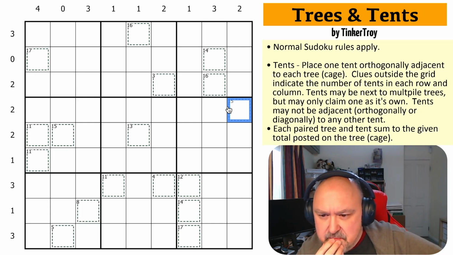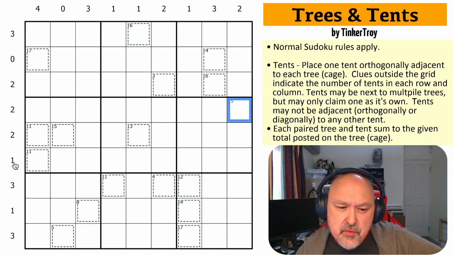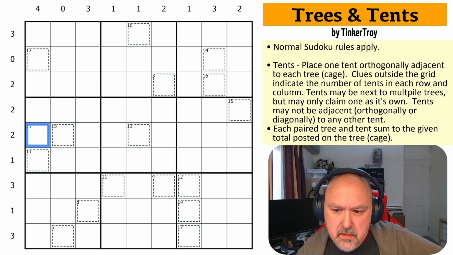Tents may be next to multiple trees. So, for example, could the tent for this tree be there? Like, could it be a hammock? It doesn't specifically say that it can't.